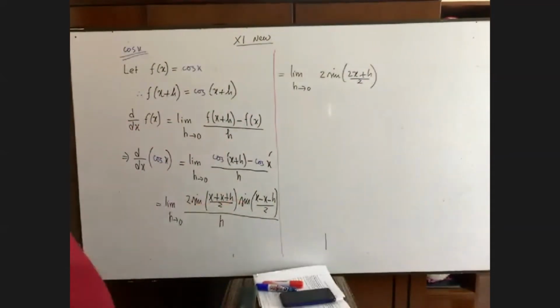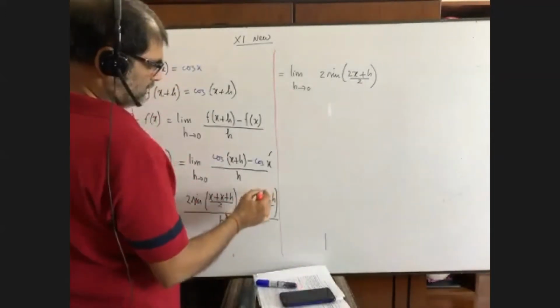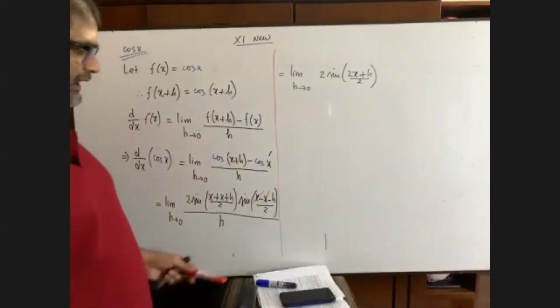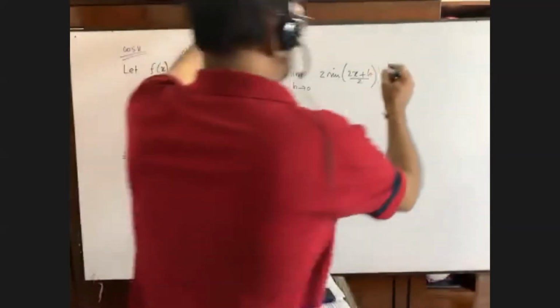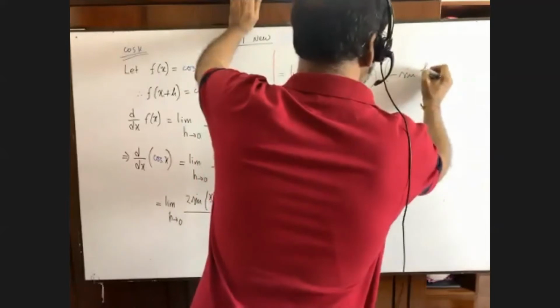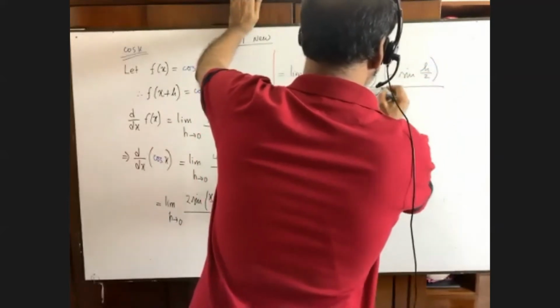Then x and x will be omitted. So we are getting sine of minus h by 2. That is, we can write here minus sine h by 2. You are getting it or not? Talk to me.